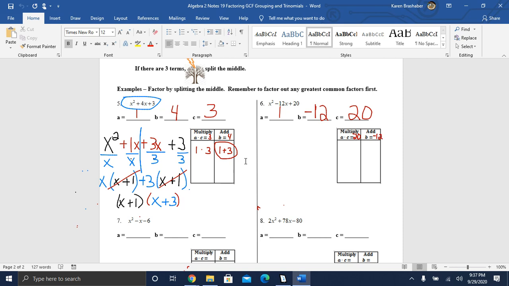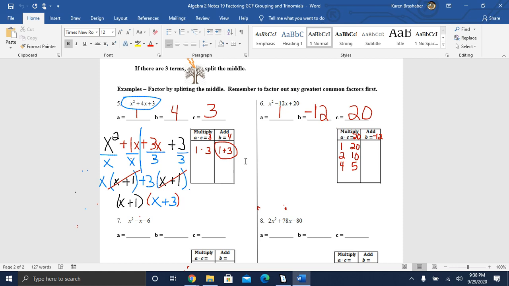So I'm going to make a list, first of all, of what multiplies to 20. So 1 and 20, 2 and 10, 3 does not work, 4 and 5, and those are all my factors of 20. Now, in that list, something can be made to add to negative 12. But since it's negative, I've got to think about negatives.